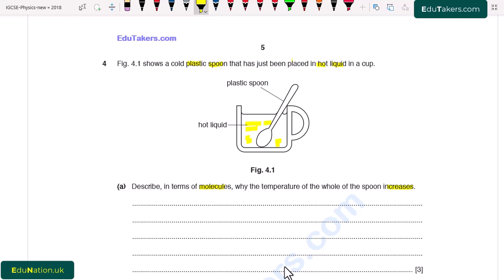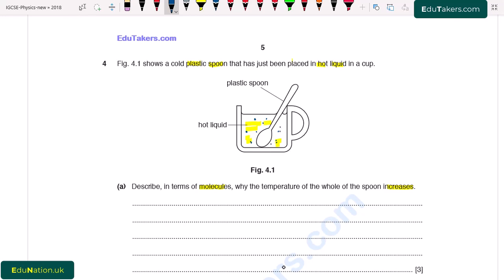So first of all, temperature is the measure of average kinetic energy of the object. When we increase the kinetic energy of the object, its temperature increases. It means that by increasing temperature, the motion of particles increases. They move very fast.